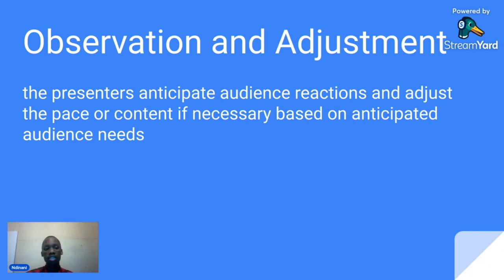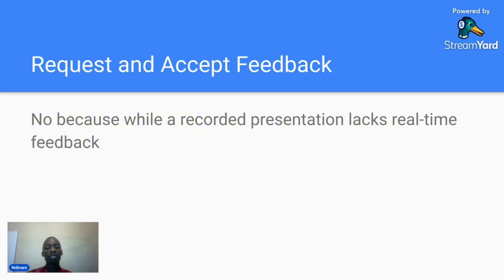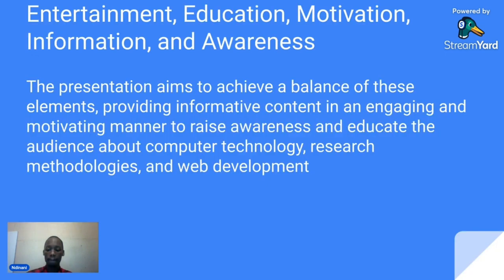Observation and adjustment. The presenter anticipates audience reaction and adjusts the pace or the content if necessary based on the anticipated audience needs. Request and accept feedback. Because again, this is a recorded presentation, there will be a lack of real-time feedback.